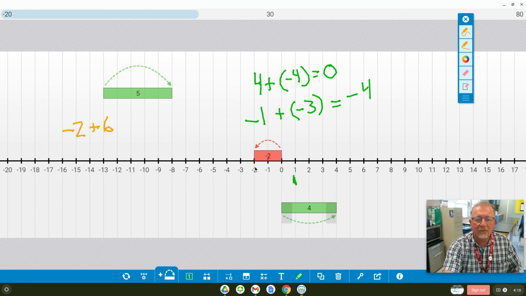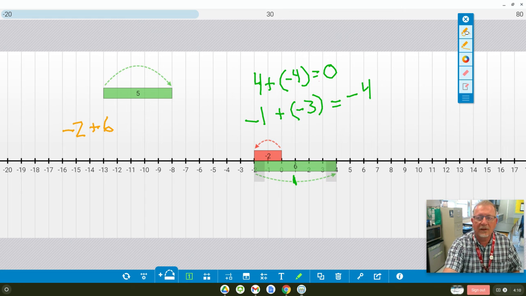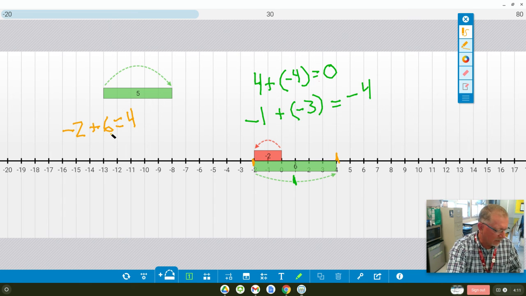So we went back to negative 2, and then we went 6 in the positive direction. So look what we have there. We ended up at 4. Look at that. I wonder if you could rewrite that to make it more familiar to us.